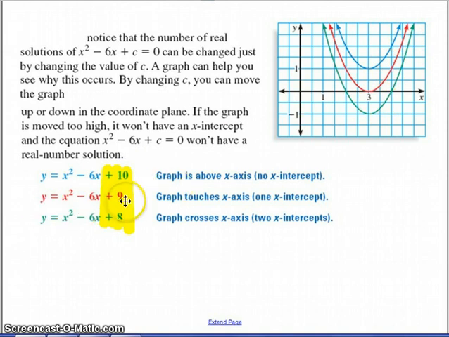The red one, by contrast, where c is 9, just touches at one point. So there's only one solution for this parabola. There's only one x value and y is 0. The green one has two solutions. It has two intercepts. And it's not so different in c value from the first one, 8 versus 10. So the point that they're making here is that this c value can have a dramatic impact on how many results you end up getting.